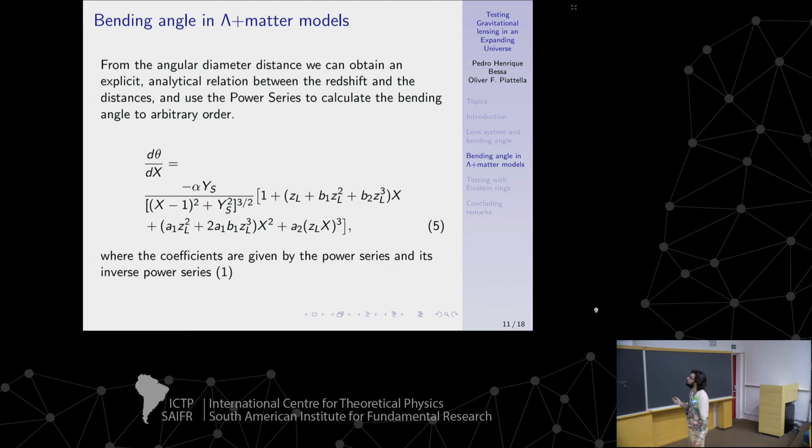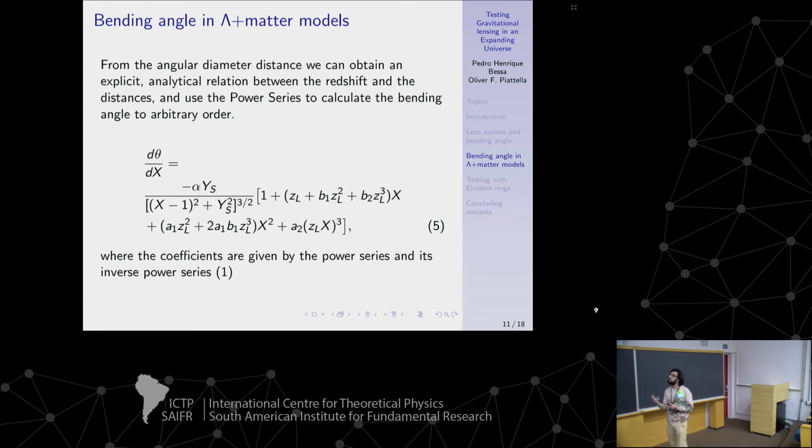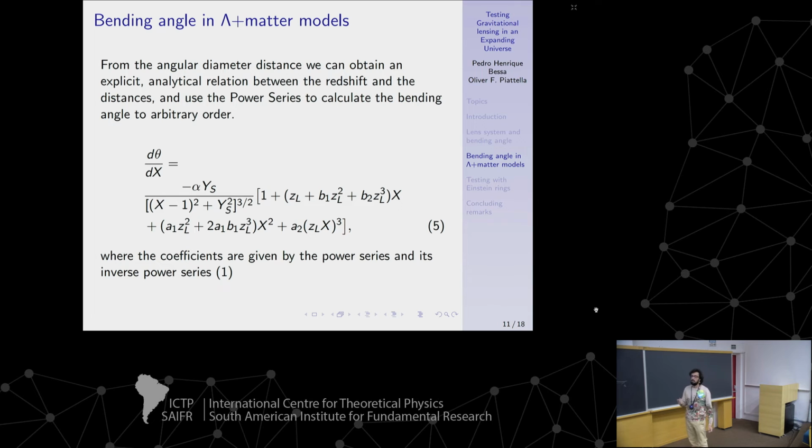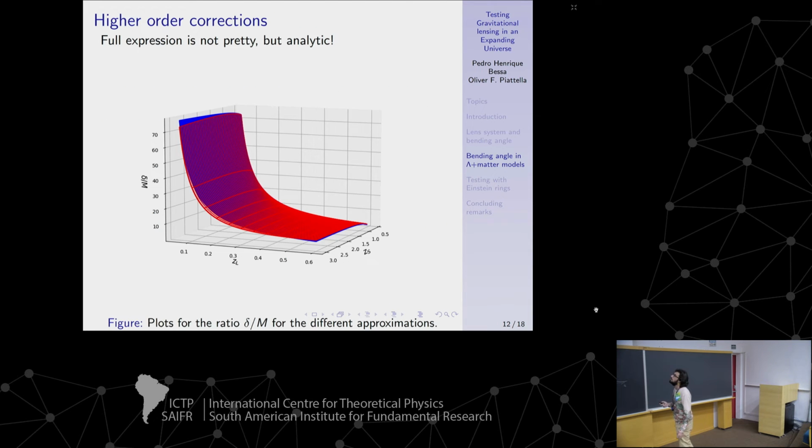And this expression 5 is giving me the full lambda plus matter plus the first order plus the 0th order correction to the bending angle. So I can integrate this. It's analytic, the integral. It can be written in terms of elementary functions. It's not pretty, so I'm not going to show you, but if you want, I can send you the paper.